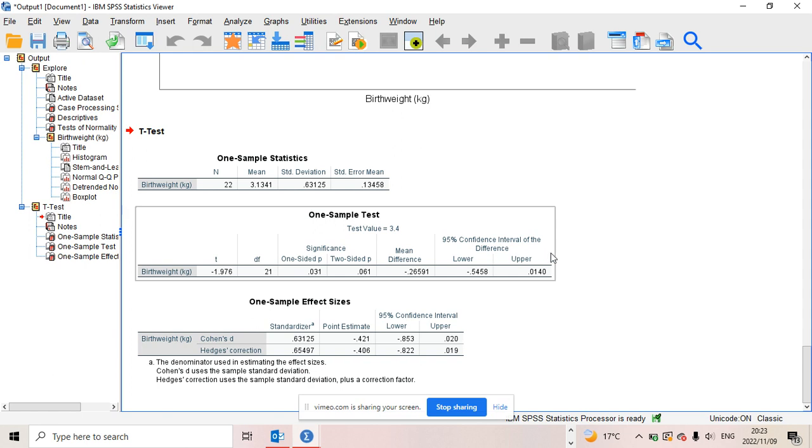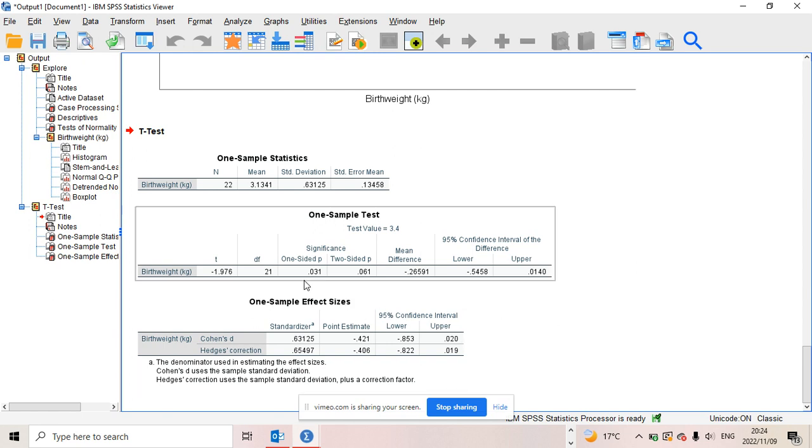If our p-value is equal to 0.05 or less than 0.05, that means we need to reject the null hypothesis that the average birth weight of babies born to smoking mothers is 3.4.